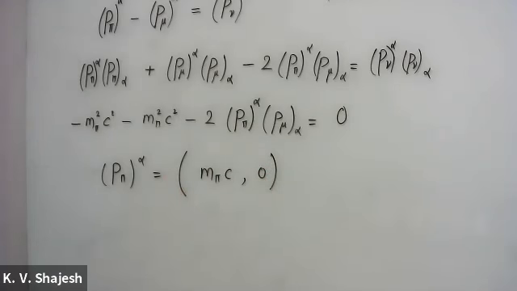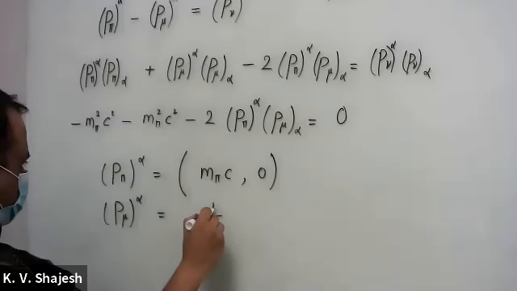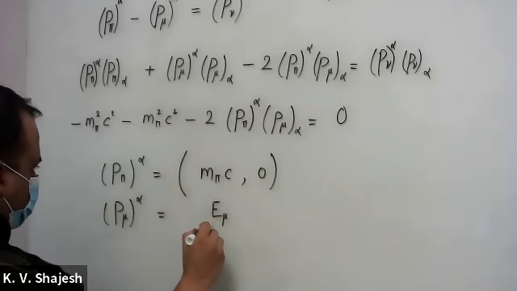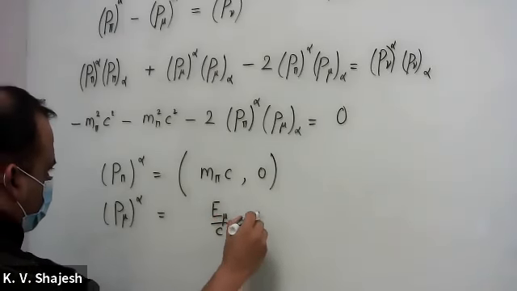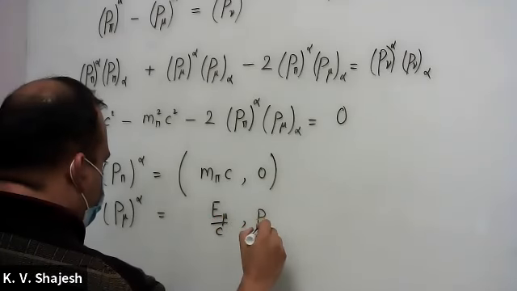That's why we have written that earlier. And P mu alpha is equal to the energy, how much energy is released, and how much is the momentum of this muon.